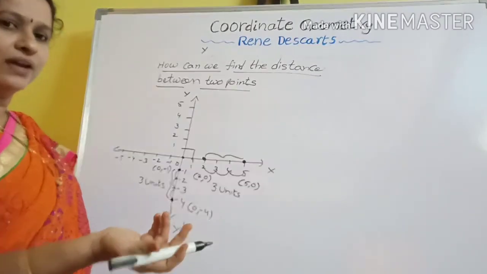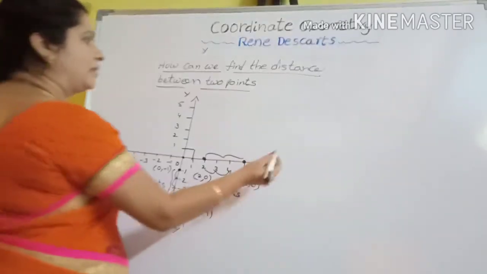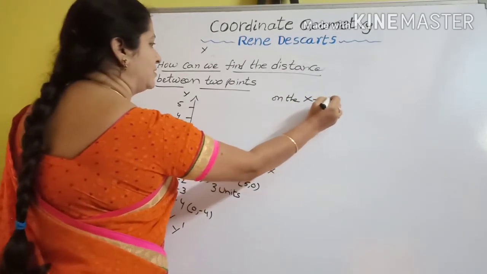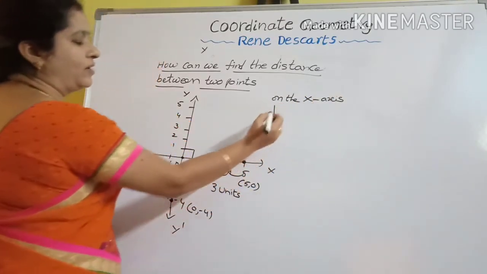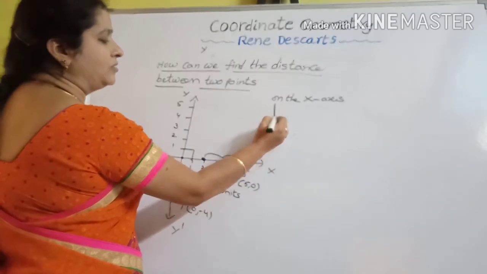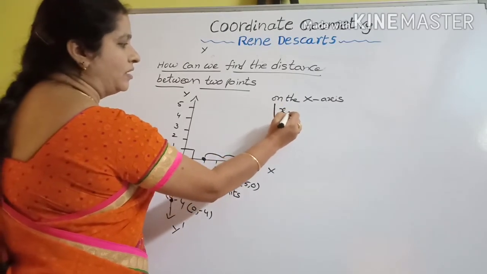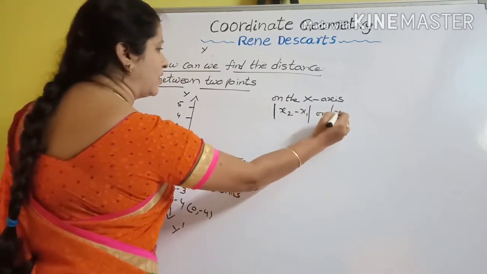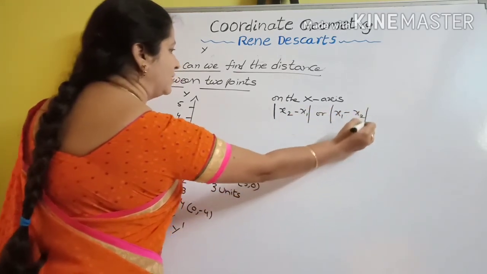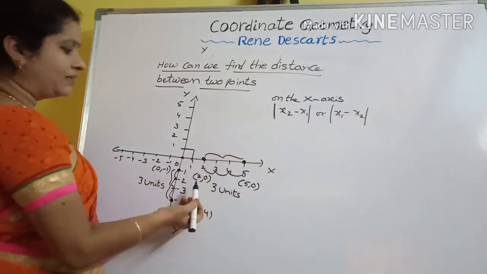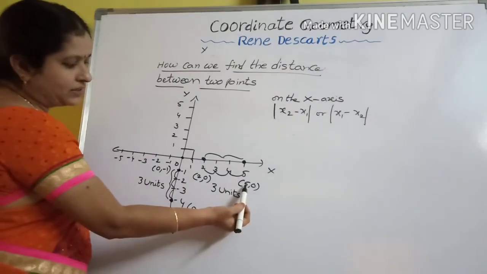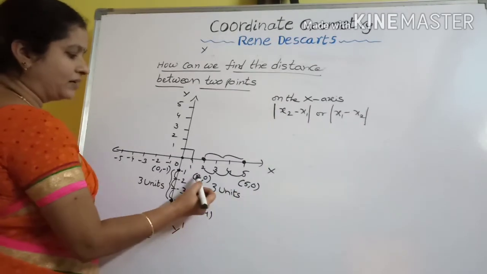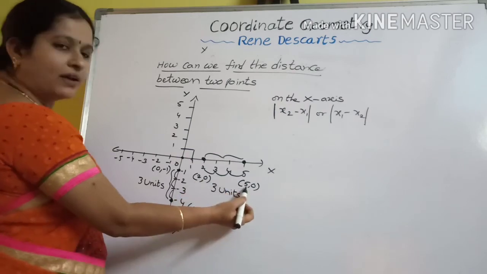Whether it is the y-axis or x-axis, suppose on the x-axis, what is the formula for distance? It is the modulus of x2 minus x1, or modulus of x1 minus x2. Simply the difference between the x coordinates. Here x1 value is 2 and x2 value is 5.